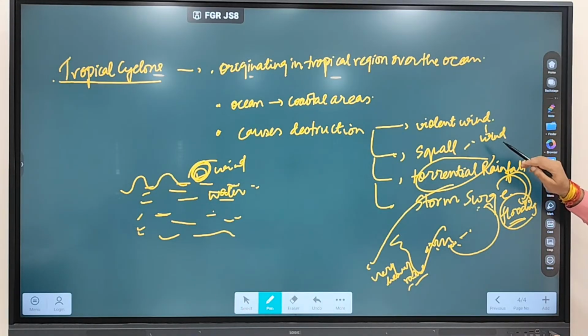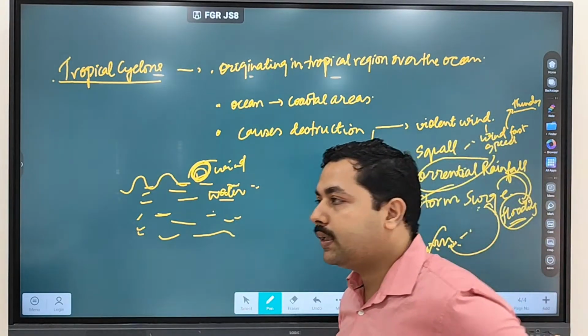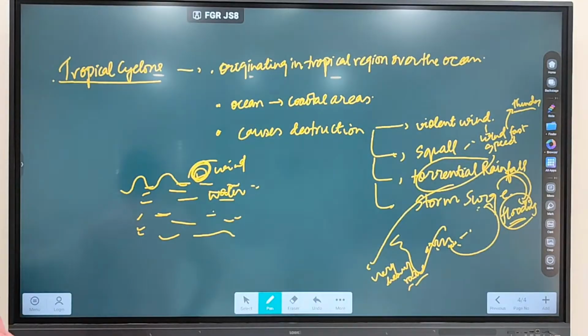Heavy wind moving with a very fast speed, accompanied by thunder and lightning. That is what we call a squall.